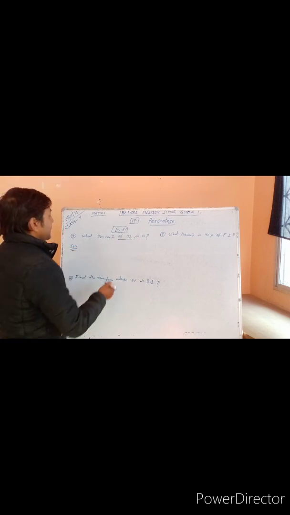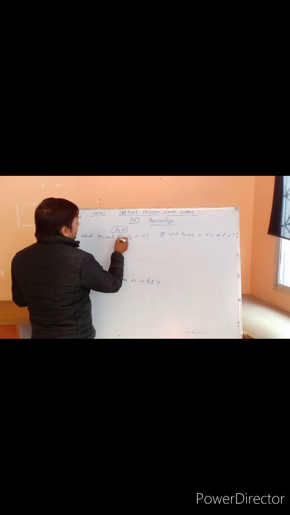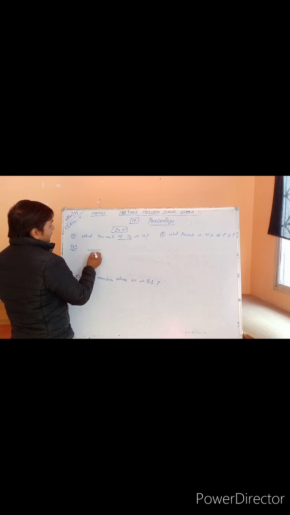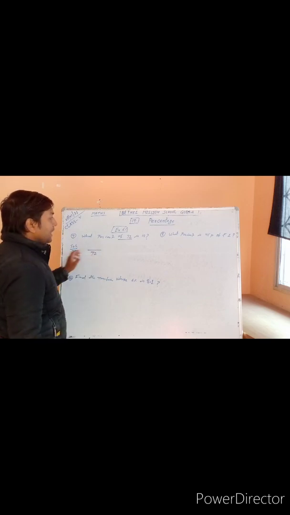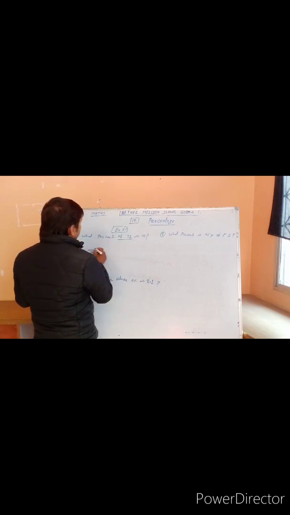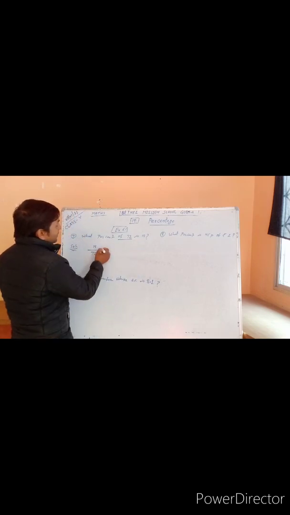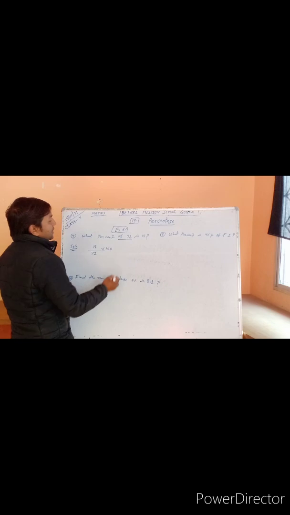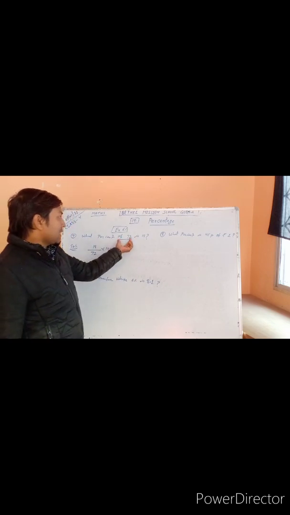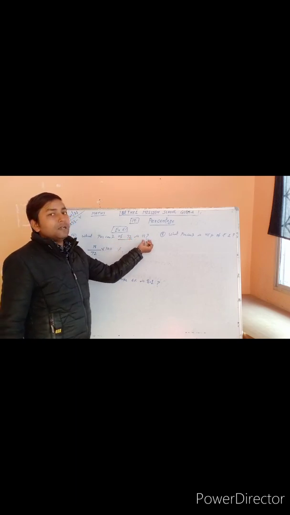So what is given with "of" you will write as a denominator, and what is given with "is" you write as a numerator, then multiply by 100. This will be the percentage. It means this one is the total marks, and this one is the obtained marks.